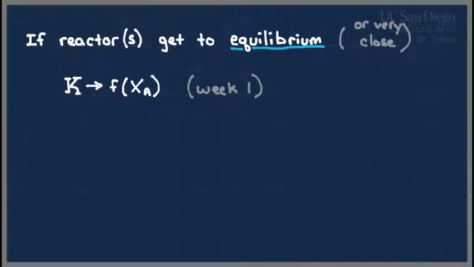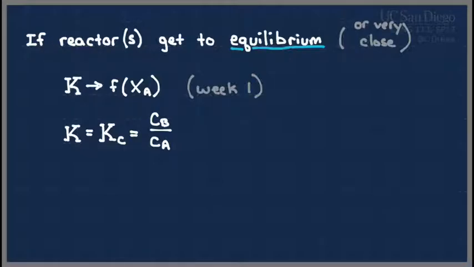So for an example, a classic one that we would have learned, I don't remember how long ago, is under certain conditions the equilibrium K can be equal to the K sub C, which is equal to C sub B over C sub A. So if I say Kc is equal to Cb over Ca, what's the reaction?